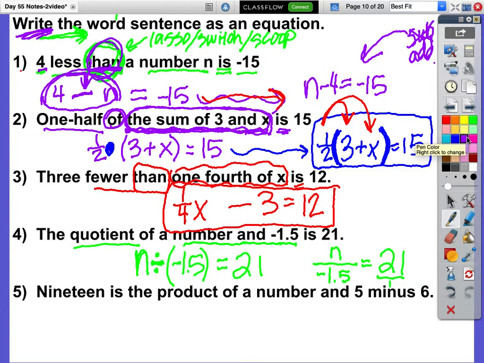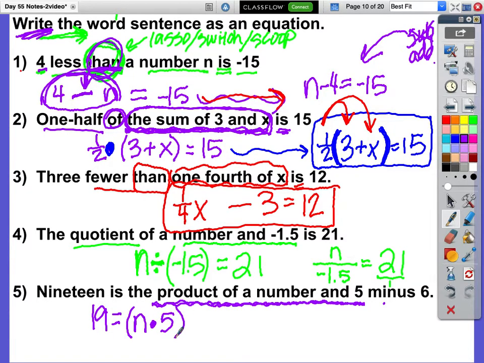All right, number 5. 19 is the product of a number and 5 minus 6. Okay, we got this. Left to right. 19 is the product of, okay, product means something's about to happen, a number and 5 minus 6. Product means we're about to multiply two things. And what two things are we multiplying? A number and 5.